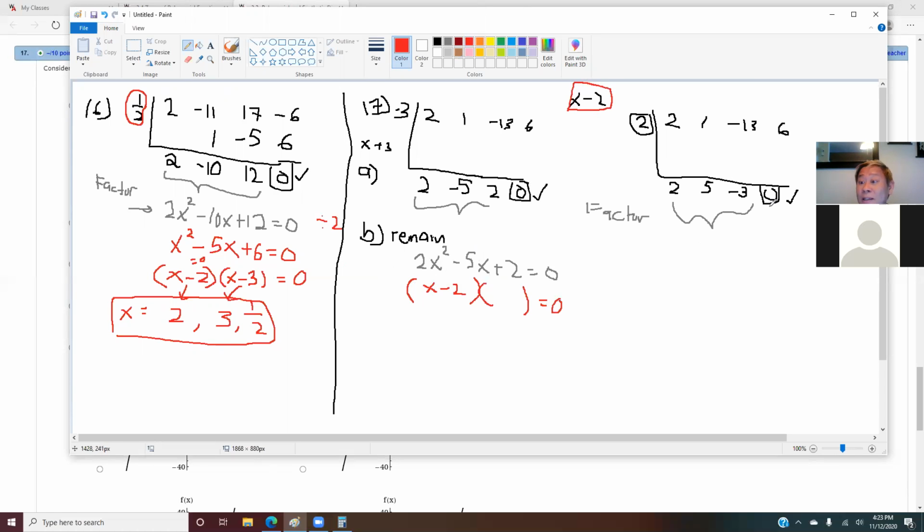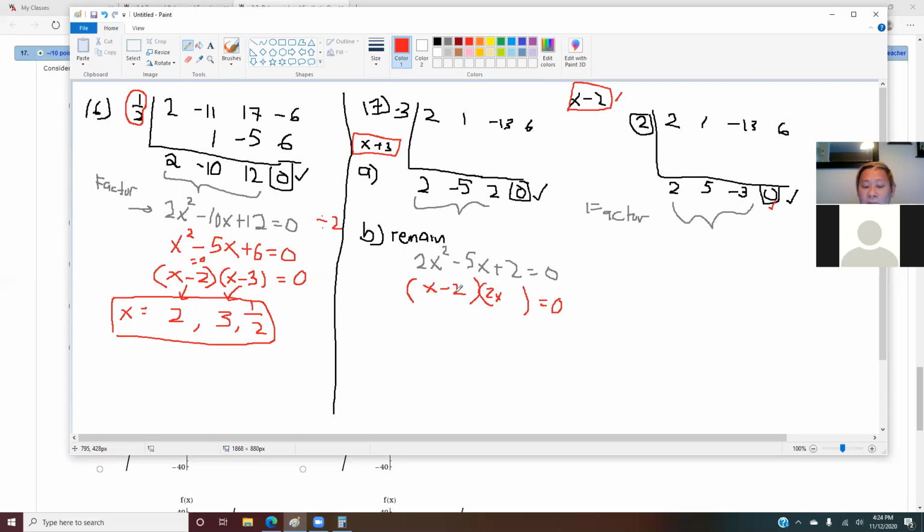Why? Because this is a factor. So if you pick this, the other one, then one of the answers when you factor should be x plus 2. Okay, so that's why you pick this one. Can you tell me what times x gives us 2x squared? x times 2x gives us 2x squared, right?